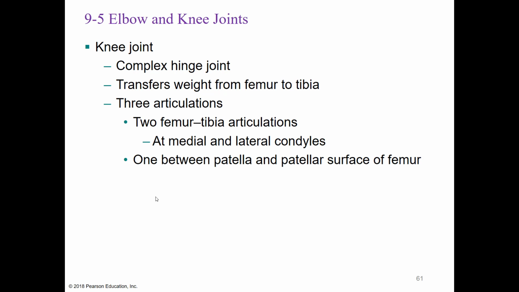There are 3 connections here, 3 articulations within that joint. 2 between the femur and tibia at the medial and lateral condyles. So if you've started working on your appendicular lab, then you know exactly what I'm talking about when I mention those condyles. But if not, I'll point them out to you in just a second. And also 1 between the patella and the patellar surface of the femur.